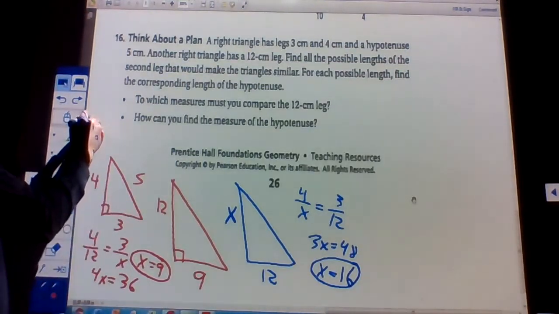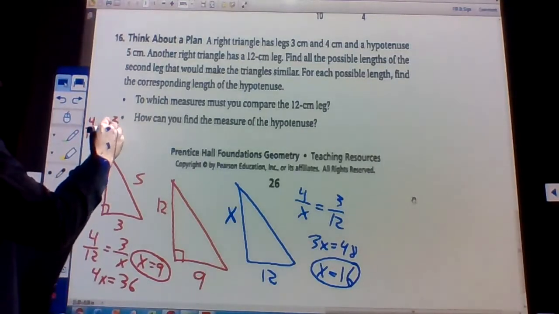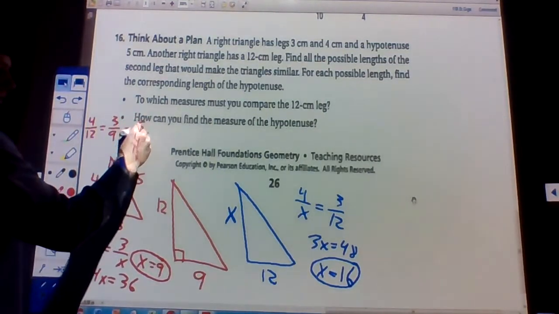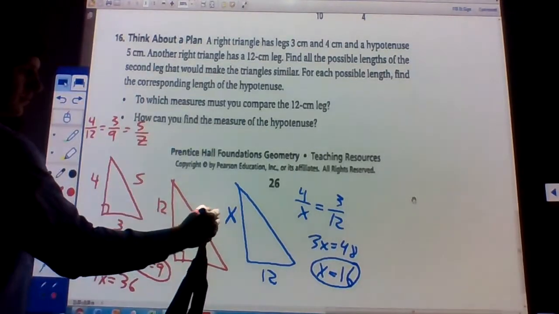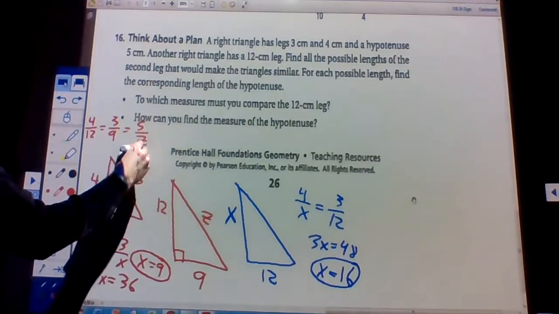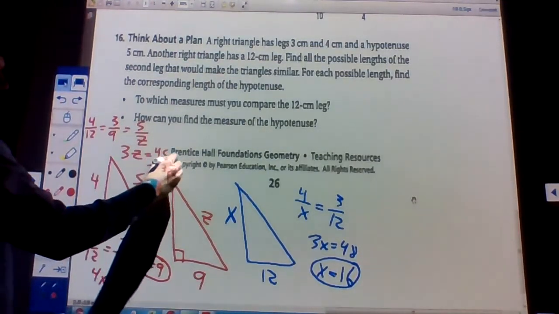So again, you'd have 4 over 12, 3 over 9, and then you'd have 5 over, you could call it z. If you cross multiply, you'd have 3z equals 45, so z would be 15.